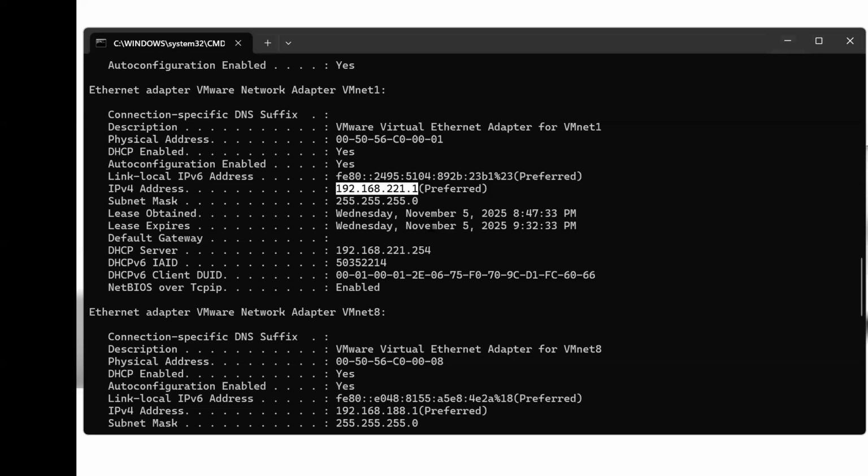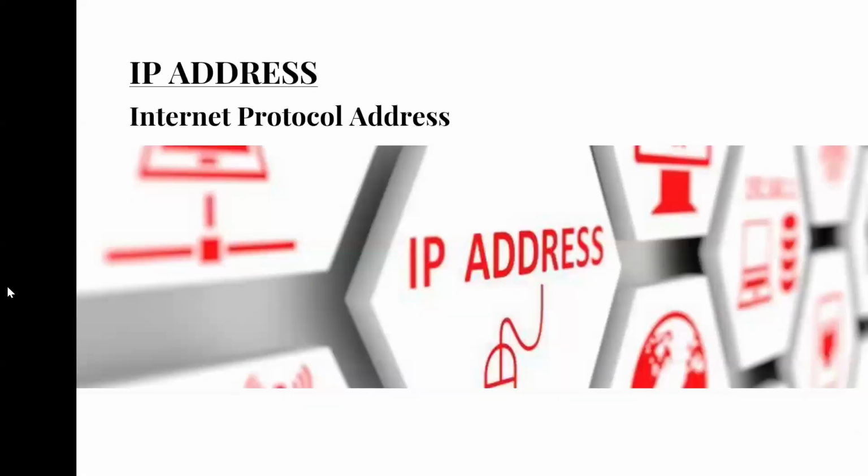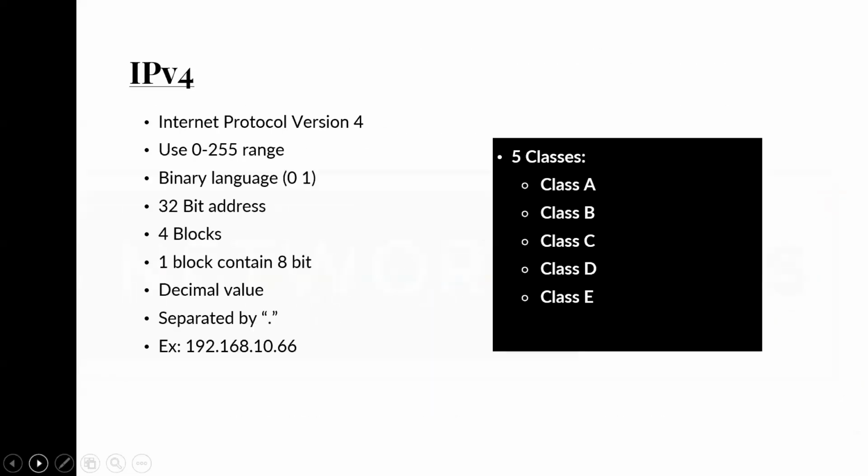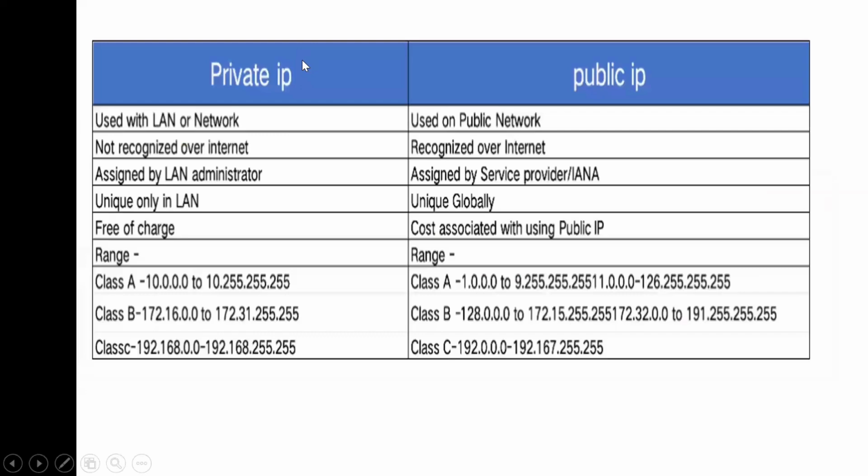These are not routable. Not routable as in, the free of cost IPs you can use in your environment, but if you deploy them in your outside network, you can't. So ideally IPs are of two types: private IP and public IP.